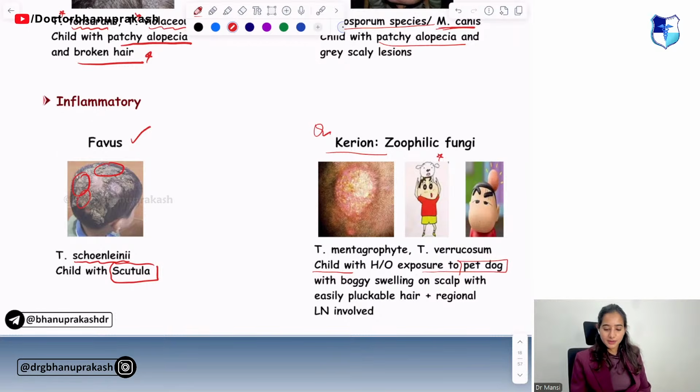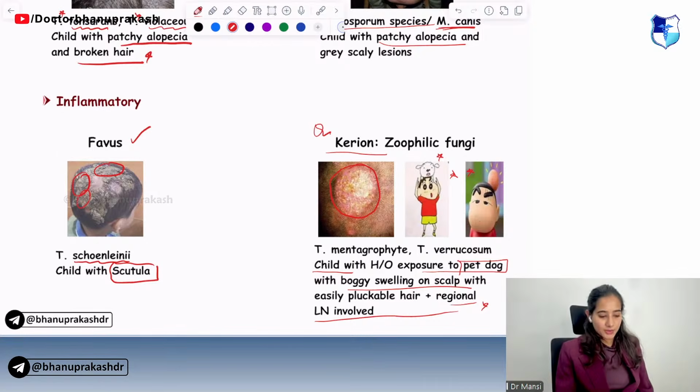And you remember that the mother used to beat Shin Chan and he used to get this boggy swelling. So this boggy swelling on the scalp and easily pluckable hair. These images must remind you of this history. That kind of picture is going to come. This is the boggy swelling which can be seen. This is the kerion, and the lymph nodes are also involved here, because it is the inflammatory type.